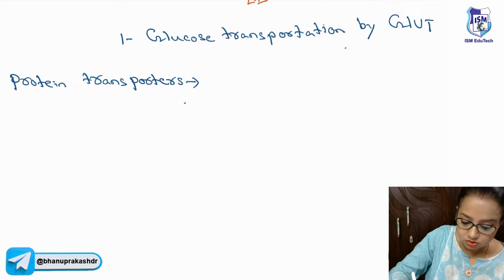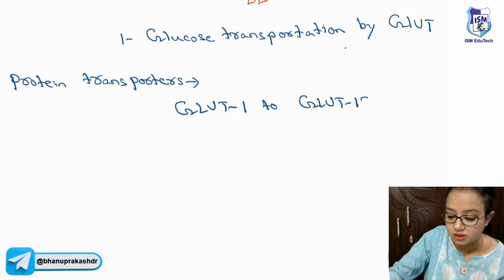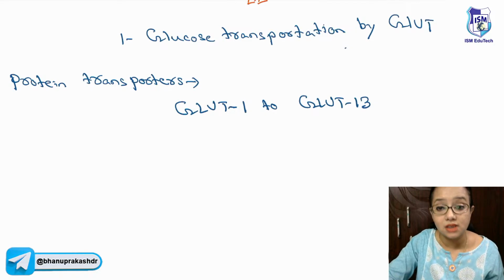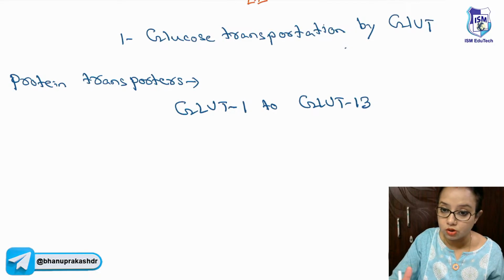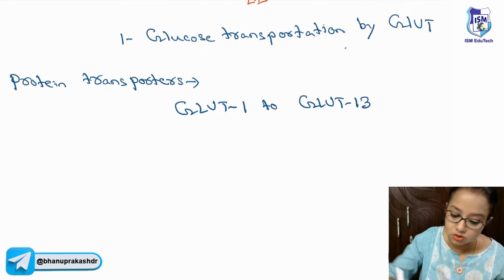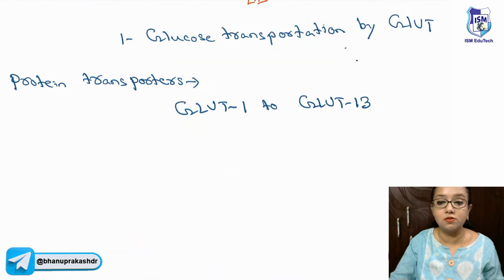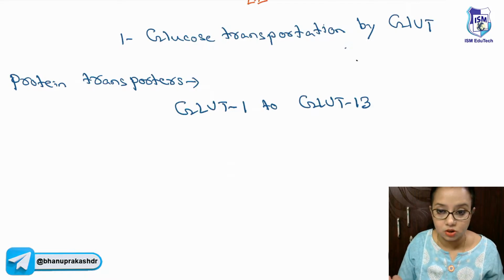Now, this GLUT protein has isomers from GLUT1 to GLUT13. These are the various isomers of the glucose transporting protein. Each of these transporters is specialized to carry out transportation to various structures in the body.